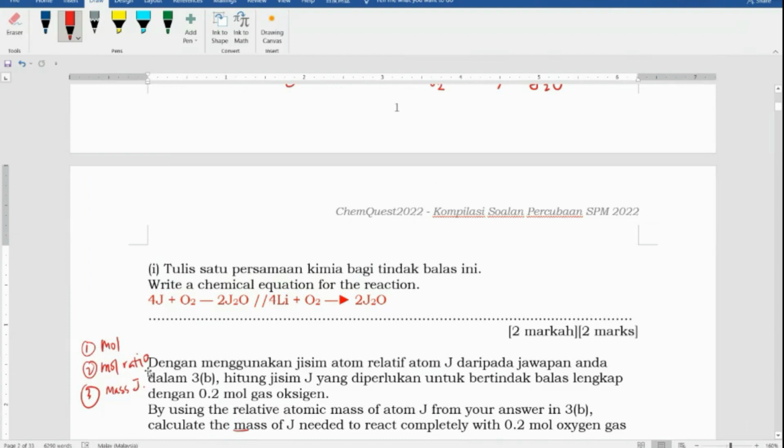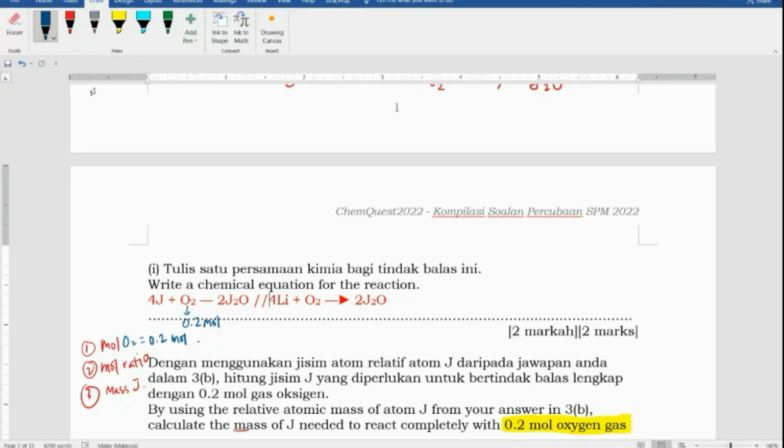So first, we find the mole. Given already in the question, mole for the oxygen is 0.2. Class, where is oxygen? Oxygen is this one, right? So how many mole? 0.2 mole. Step 1, any question? All can follow or not?